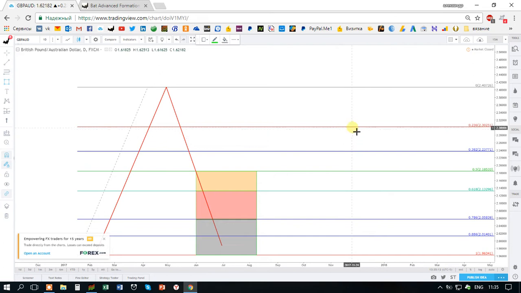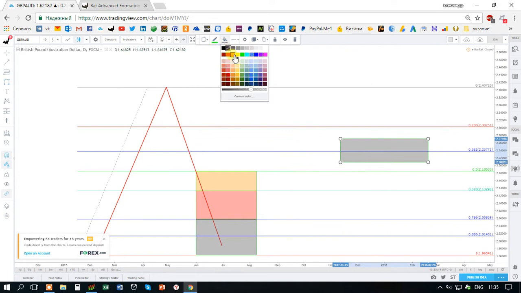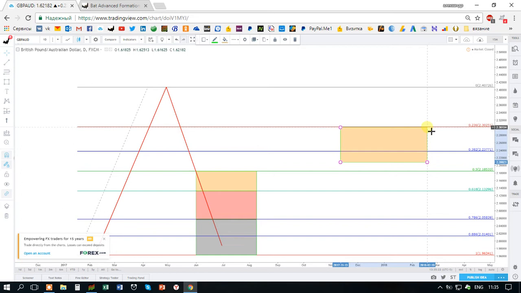You need to measure this, like this. This is the range for precise 382. This means that if price is somewhere in the middle between the 236 and 382, or in the middle of 382 to 50, somewhere here, it should be closer to 382, even by 1 pip.